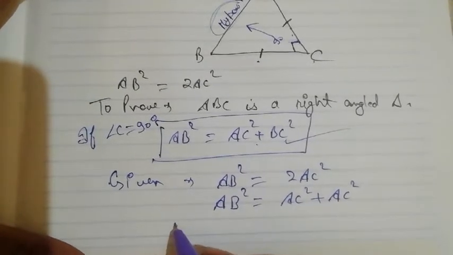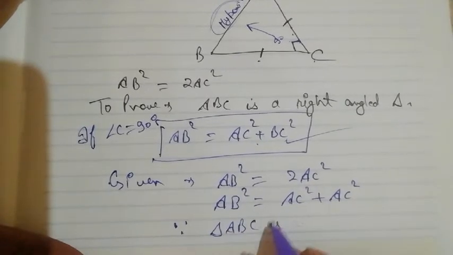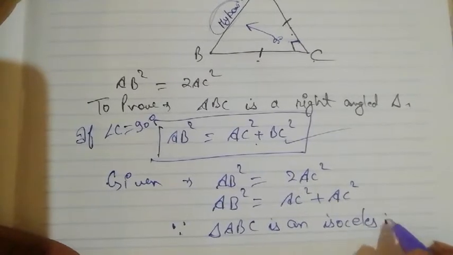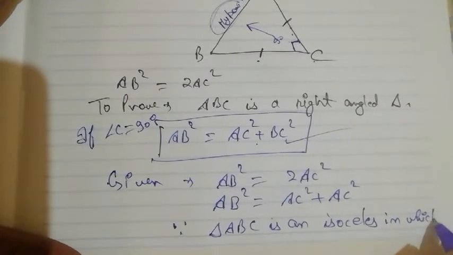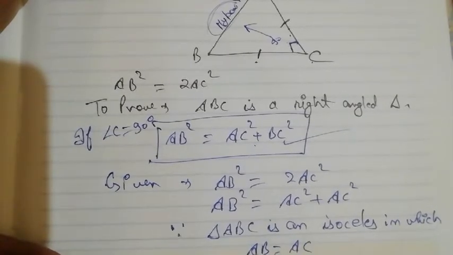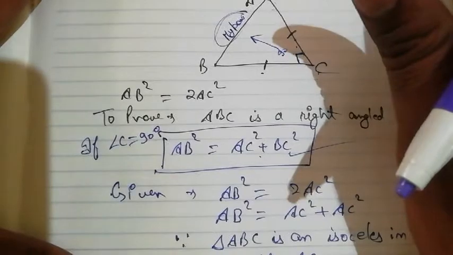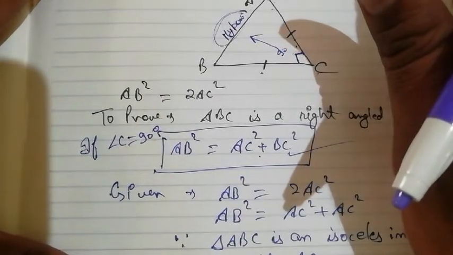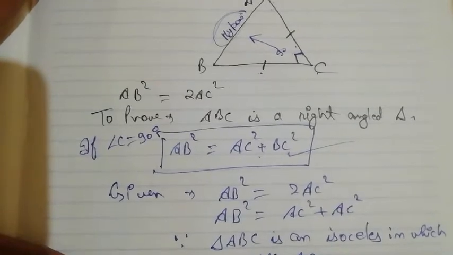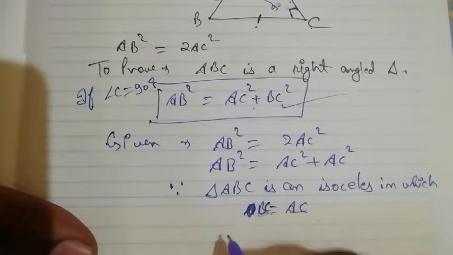Now look, since triangle ABC is an isosceles triangle in which BC is equal to AC, so this is B and this is C. Now in place of AC, can we write BC?